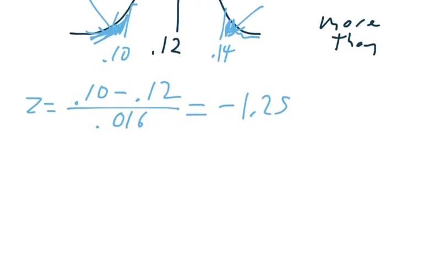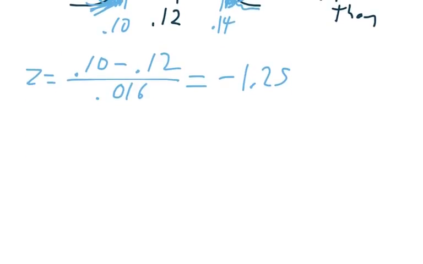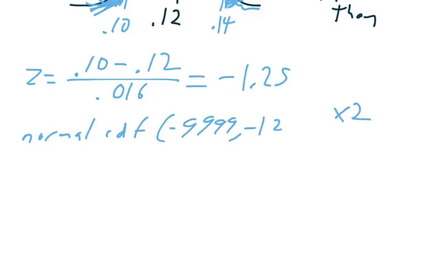For those of you who have your z-table still and like to use it, you look this up, and whatever answer you get you're going to multiply by 2. For those of you who are using the calculator, we're going to use normal CDF from negative 9999 to negative 1.25 with a mean of 0 and a standard deviation of 1. And whatever answer we get there, we're going to multiply by 2 because we have 2 different regions.